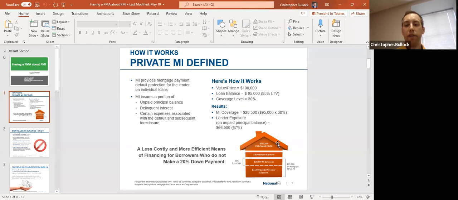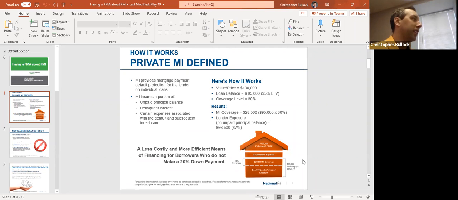If you have a $100,000 house with 5% down, the $95,000 loan is the risk that the lender is taking on. Mortgage insurance paid by the buyer comes in to cover 30% of that loss, potential default, giving the lender's overhead only $66,500.